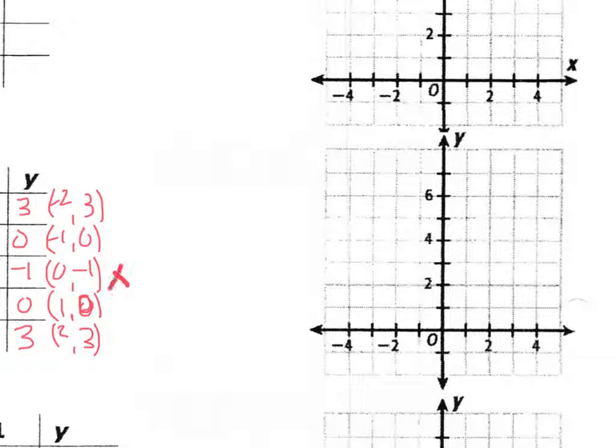Remember to begin your graph at the vertex, which is right here. The points 1, comma 0 and negative 1, comma 0 are here. And the points 2, comma 3 and negative 2, comma 3 are here. This is a positive happy face because it is a positive x squared graph and it has a minus 1.